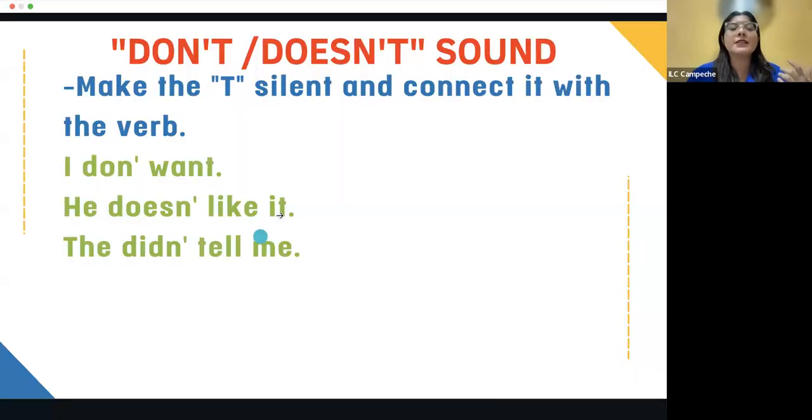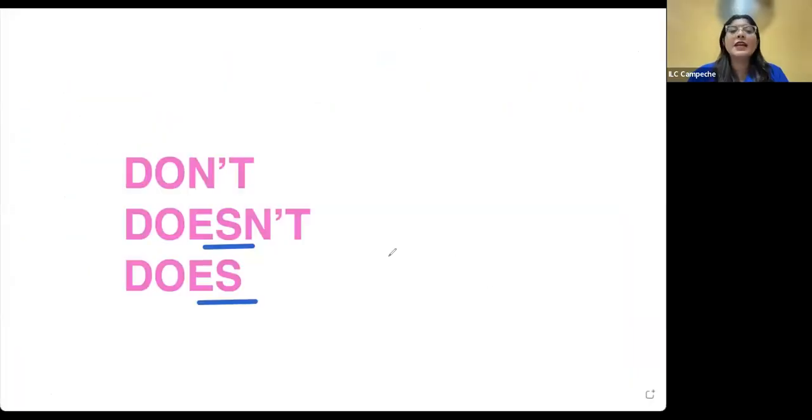So here is don't, doesn't, and please remember that the S doesn't sound like an S. That's the tricky thing with English, that sometimes we see an S, but the pronunciation is like Z, like Zeta. Don't, doesn't, does. You don't say "dos".